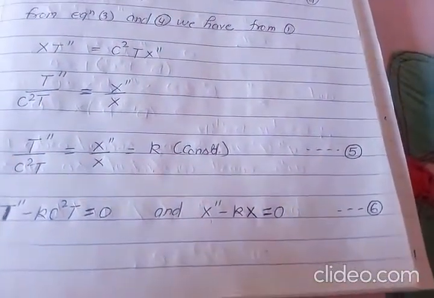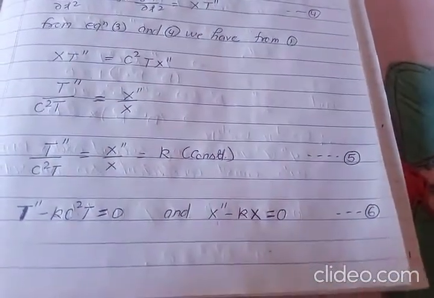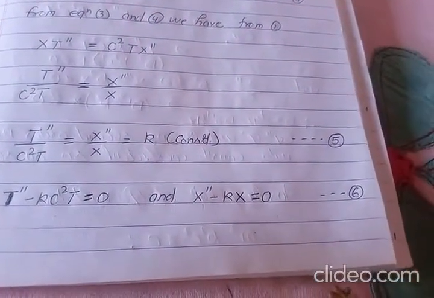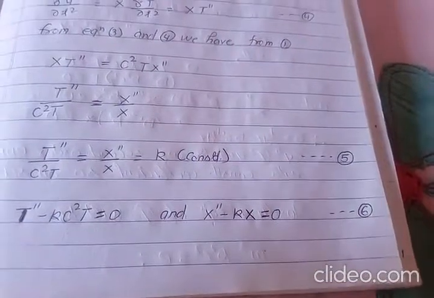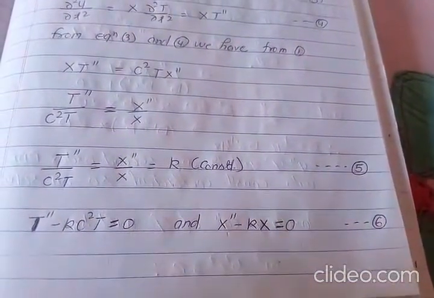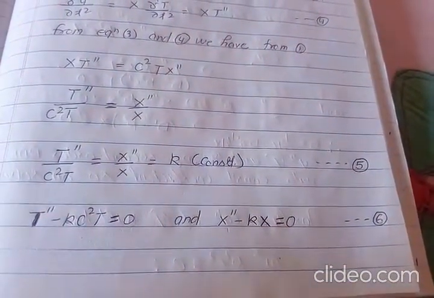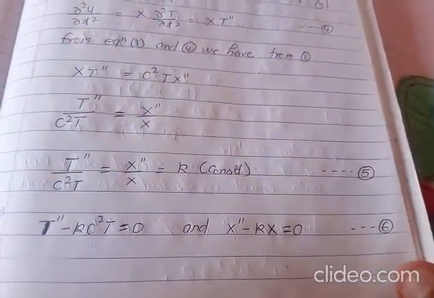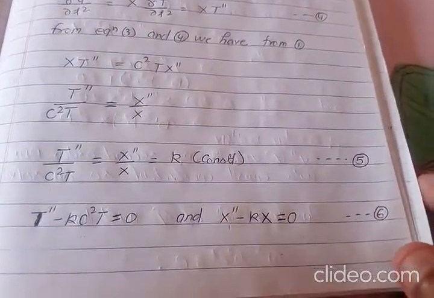Second, what will be the solution if the value of k is negative? And what will be the solution if the value of k is positive? So from equation 6, we can find three solutions. Now we will discuss all three solutions in the form of case 1, case 2 and case 3 like so.